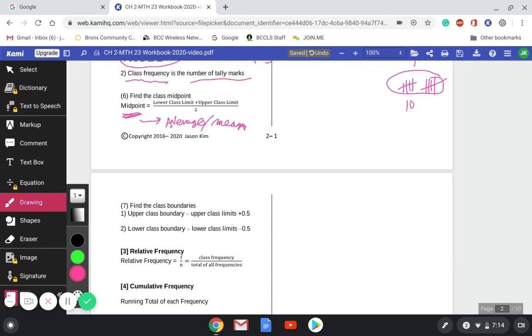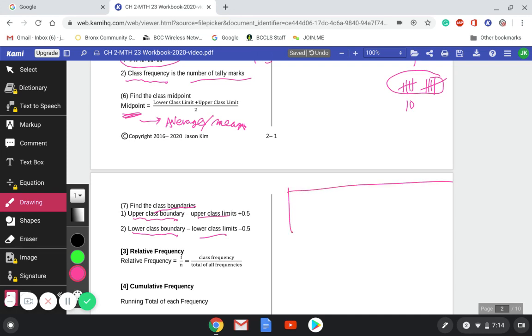And we talked about class boundary, upper limit and the low limits. Upper class boundary is upper class limit plus 0.5, and low class boundary is low class limit minus 0.5.